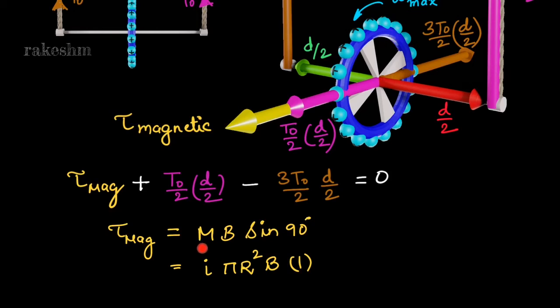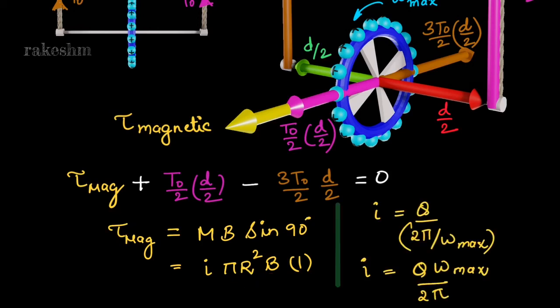The magnetic moment is current into the area, which is pi r square, into the magnetic field B. The current due to the movement of charge is charge by time, where the time period is 2 pi by omega max, as the wheel is rotating with omega max. So the current constituted due to the wheel rotation is q omega max by 2 pi.